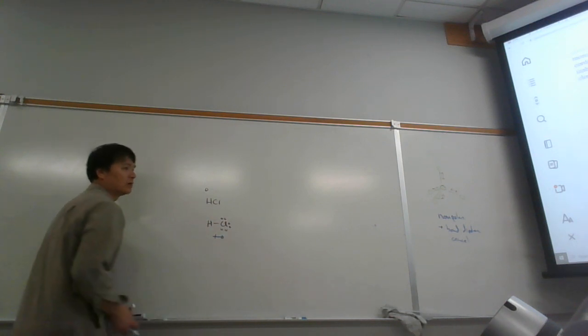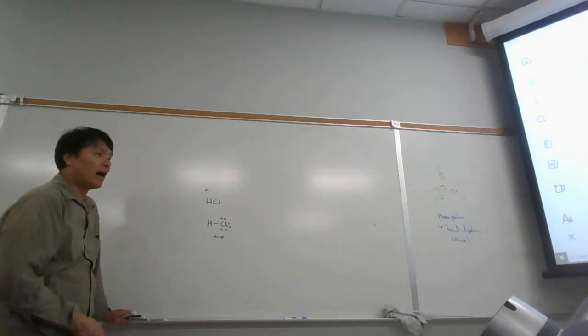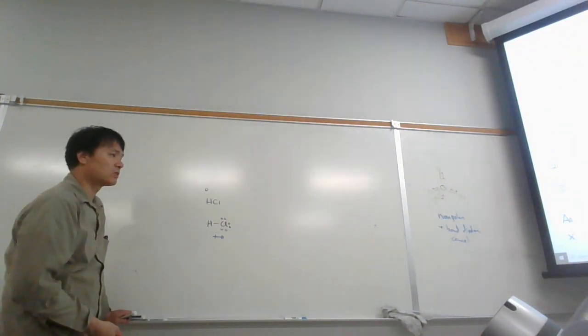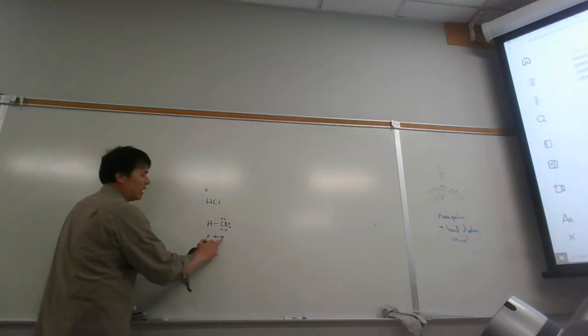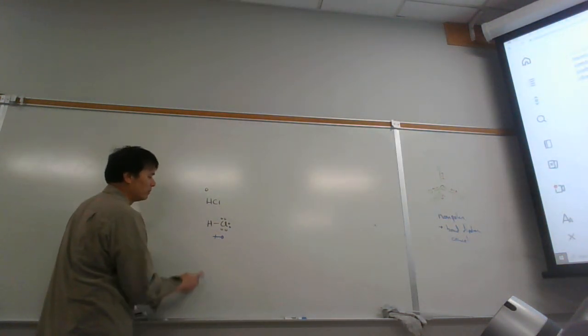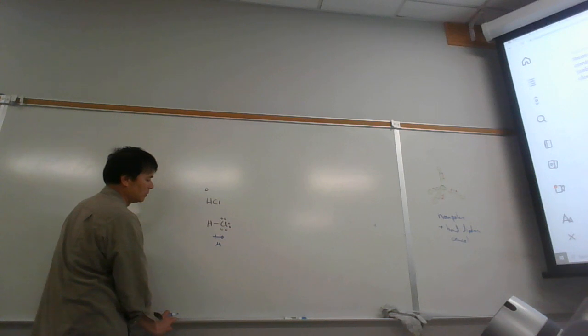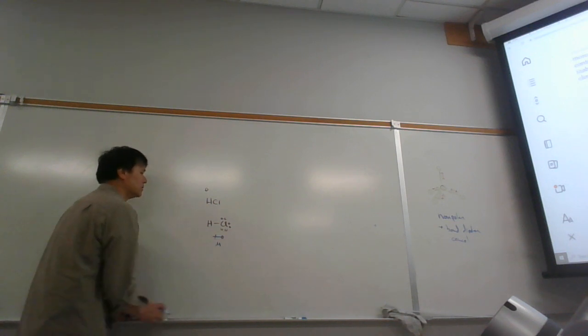The dipoles we can actually measure experimentally or calculate quantum mechanically, and we can get the dipole moment. The dipole moment is given by the symbol mu, and it's in Debye. We're not going to do anything with it. So this is the permanent dipole.